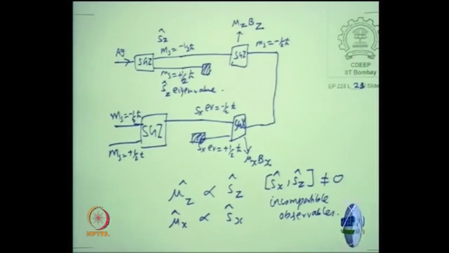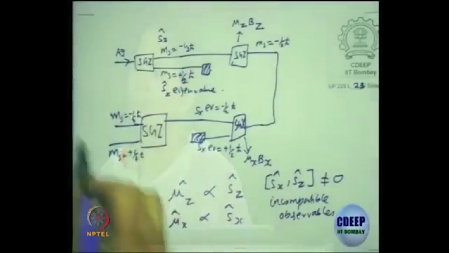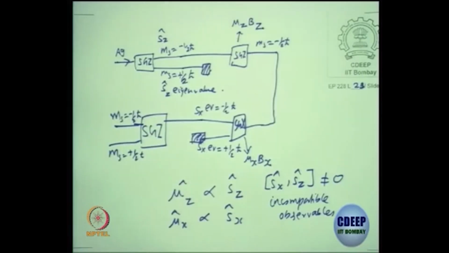So this is what we see experimentally. We have seen the theory in the last set of lectures. Now if you want to corroborate that set of lectures with the experiment, this is what we see. So Sx and Sz are incompatible. Same thing you could do as Stern-Gerlach with Y also. Let me not get to doing too many things.